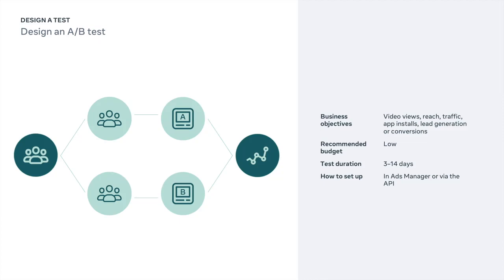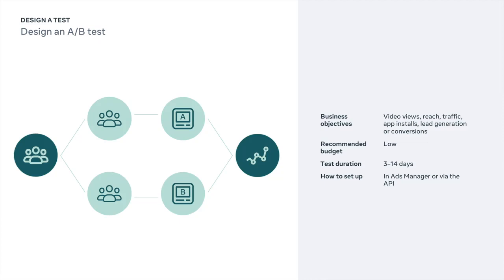This randomization helps ensure the test is fair and reduce the possibility that a confounding variable might skew the results. Each group sees ads that are identical except for the variable you want to test. This variable could be delivery optimization, placement, creative, or even the audience itself.